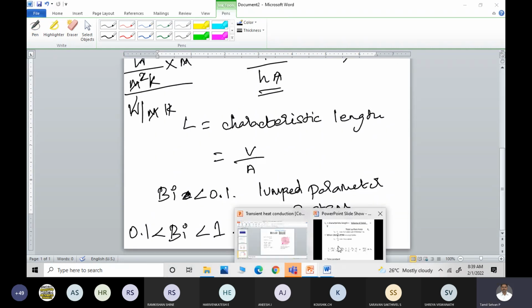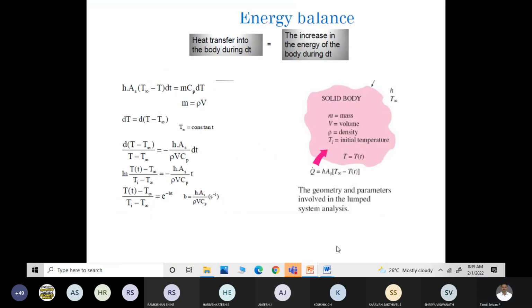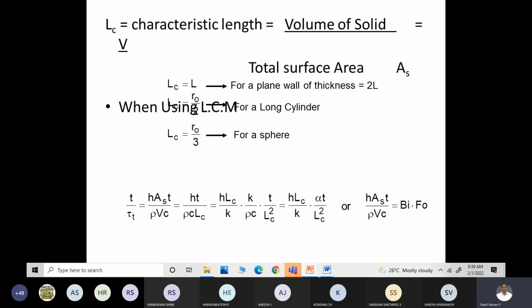So hA t divided by rho V C, we can rewrite as h t divided by rho C into, because we know that volume by area is the characteristic length. So area by volume I can rewrite as 1 by L. Am I correct? Yes, sir.